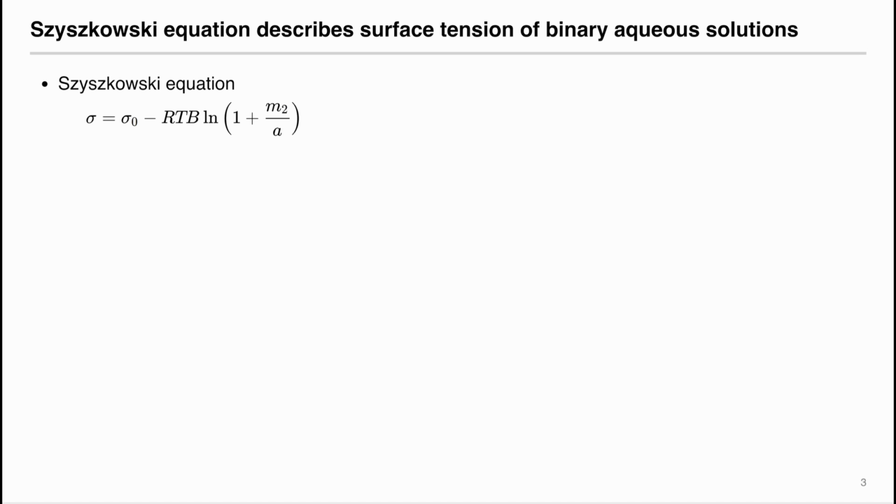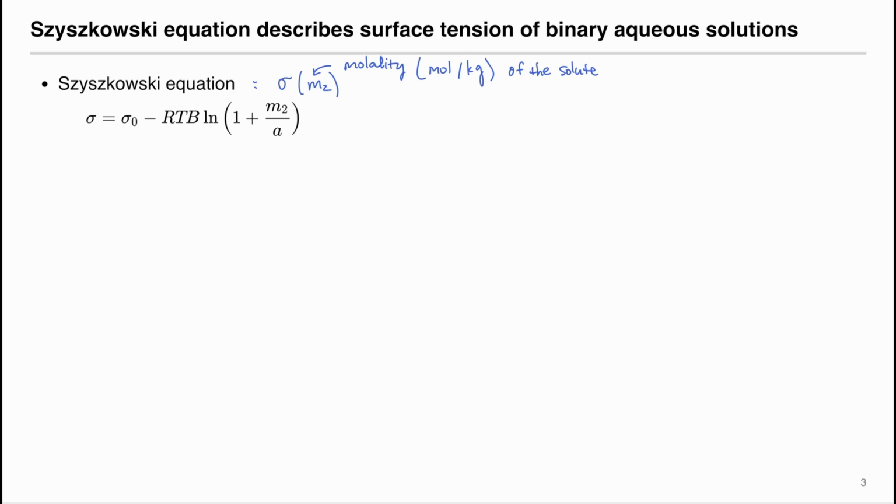For example, the Szyszkowski equation describes the surface tension of a binary aqueous solution, and it correlates the surface tension sigma with m, where m is the molality, which is one expression of concentration in terms of mass, in terms of mole per kilogram of solute.